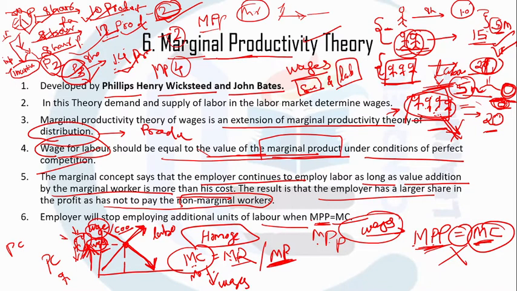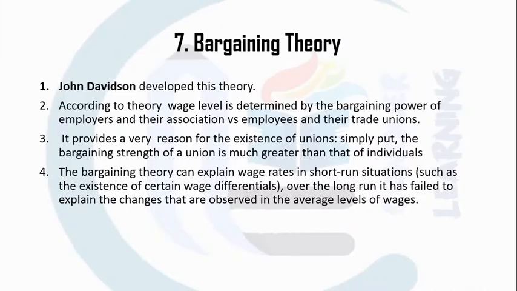The employer would continue to employ labor till the wage of labor is equal to the marginal product. He would stop employing additional units of labor when MPP is equal to MC. So this is your marginal productivity theory.